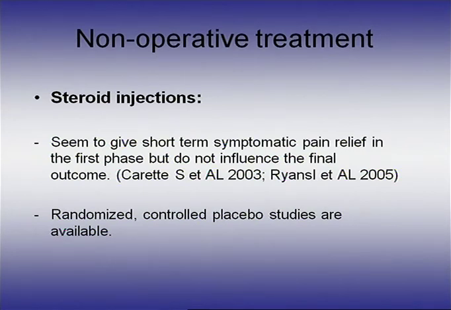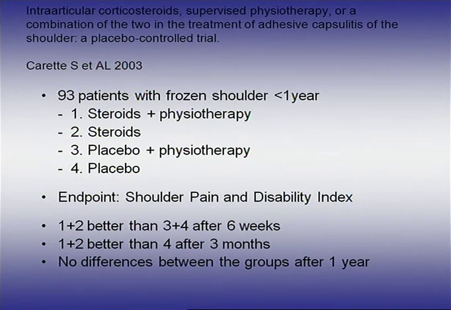Intra-articular steroid injection is often given, and it seems to give short-term symptomatic pain relief in the first phase, but does not seem to influence the final outcome. Carrette and co-workers compared intra-articular steroid injection with or without physiotherapy to placebo injection with or without physiotherapy. 93 patients were included, and they had had frozen shoulder for less than 1 year.